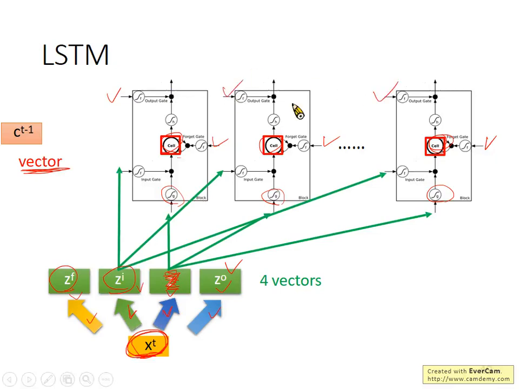So we have a sequence of LSTMs. In a hidden layer we may have thousands of nodes, and all these nodes can be represented by the LSTM node. Such a node has 4 inputs and 1 output.